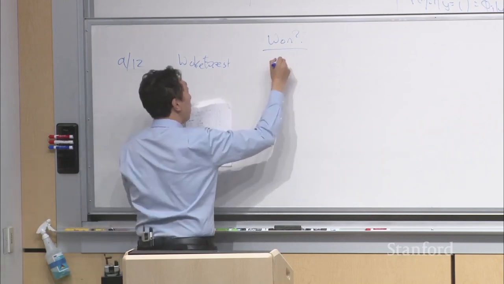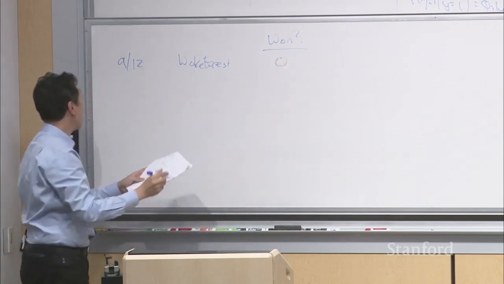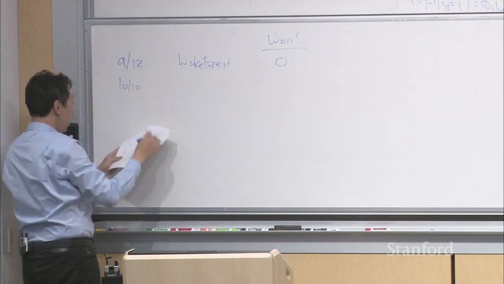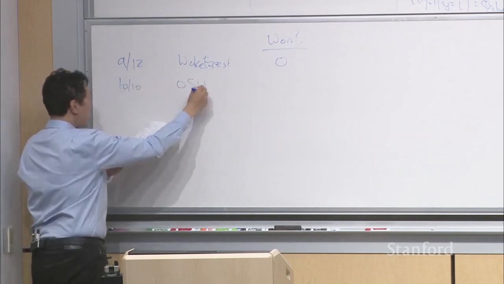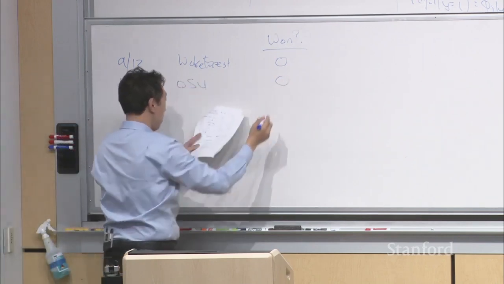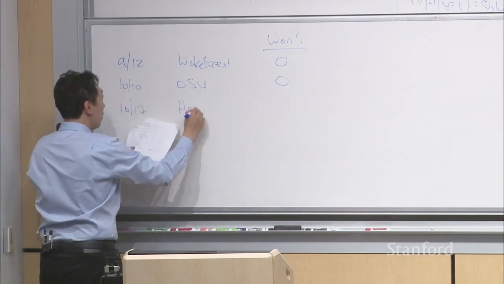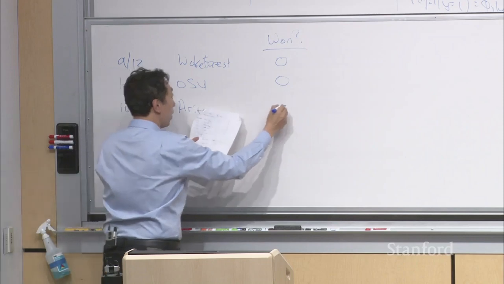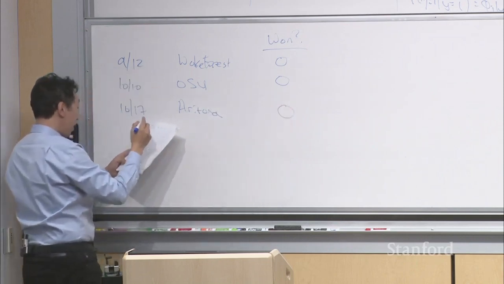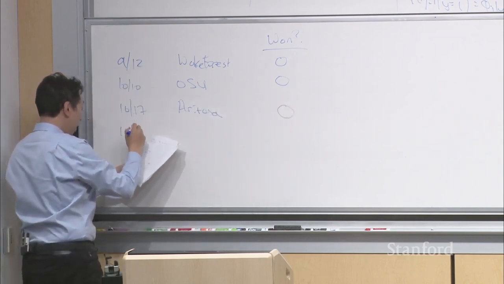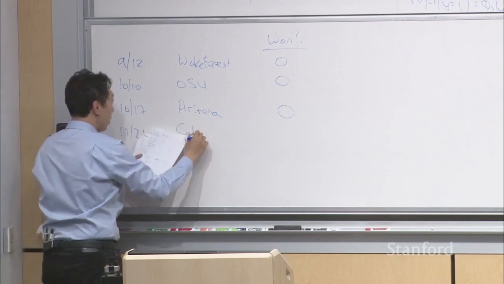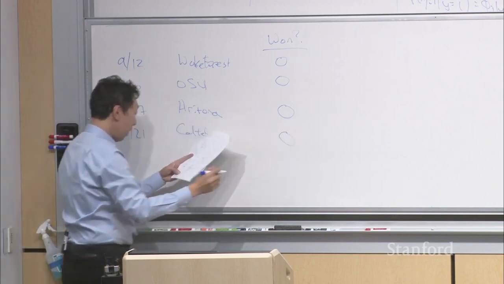And we did not win that game. Then on 10/10, we played Oregon State, and we did not win that game. Played Arizona, we did not win that game. We played Caltech, we did not win that game.